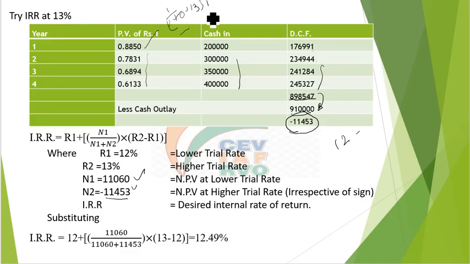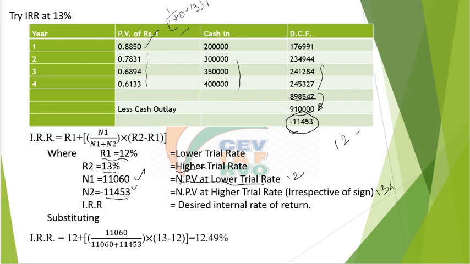So this is net present value at the lower trial rate, 12%, and at the higher trial rate, 13%, in this case.